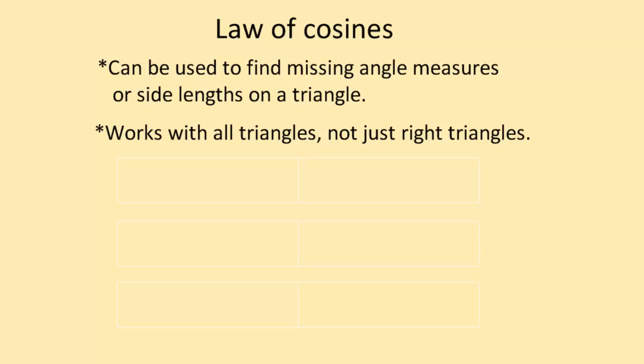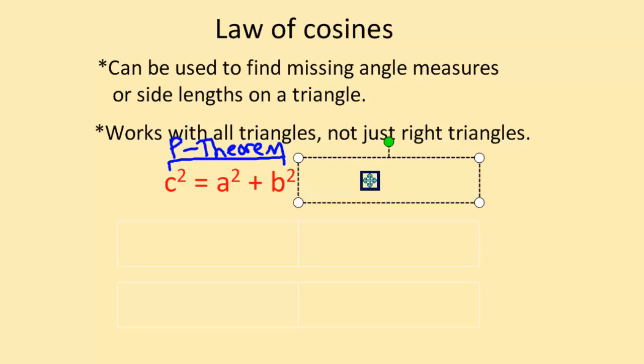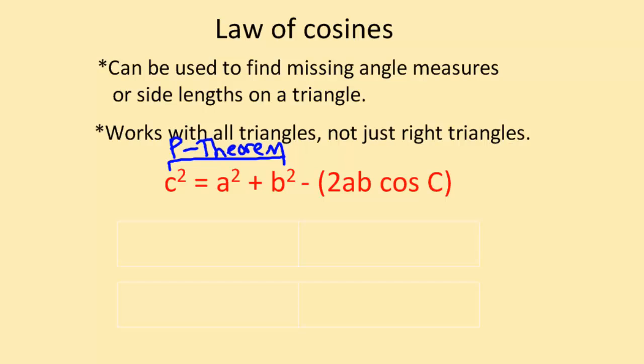But the formula itself starts out looking exactly like Pythagorean theorem. Now, Pythagorean theorem only works with right triangles, so we need to adjust it for the fact that we're not always going to be dealing with right triangles, and over time it was discovered that the adjustment looks something like that: 2ab cosine of angle C. Whatever you have for side lengths, you will repeat after the two.